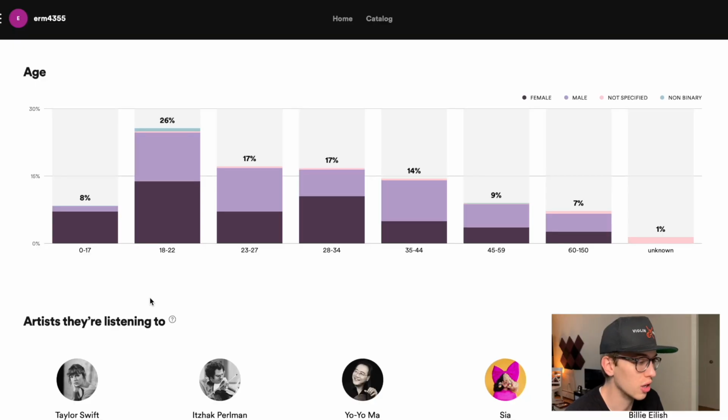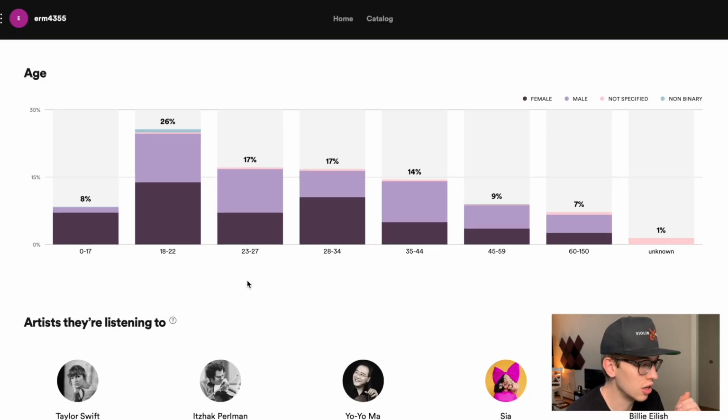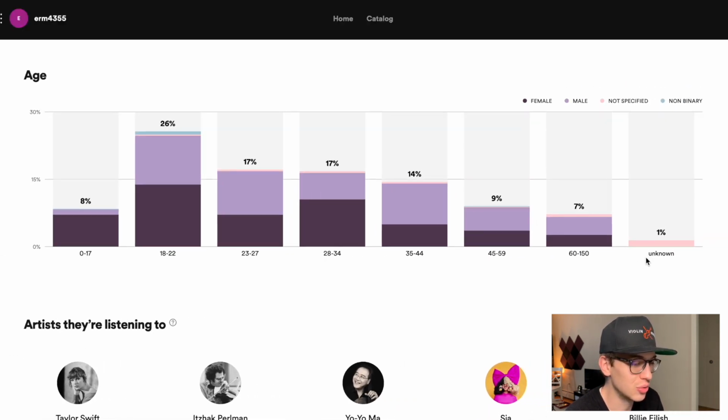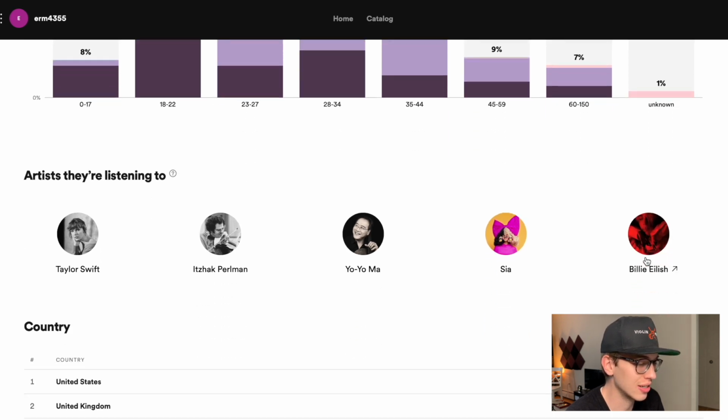This is really, really awesome. I'm also encouraged to see that between the ages of 23 and 34, that is kind of my target audience, but it's also really nice to know that there is someone who is 60 to 150. I don't know if there's anyone alive who's 150, so that's a fun little statistic.